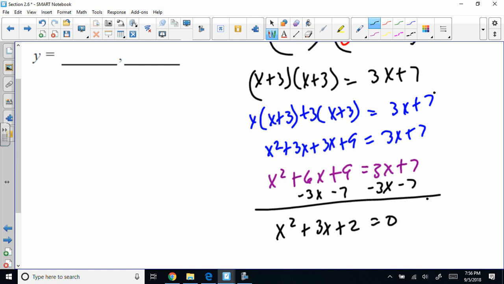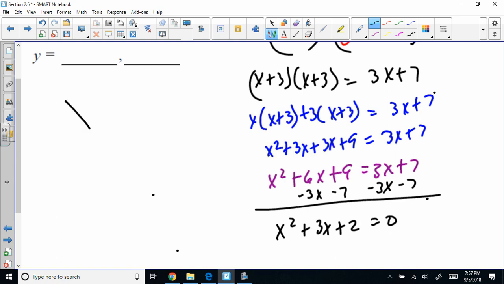So how do we solve that quadratic? We could factor it. Yes, we could. We could also do what? What works 100% of the time? The quadratic formula. Completing the square works too, because we have a coefficient of 1, but you don't want to take half of 3 and all that stuff. So, yeah, it's factorable.